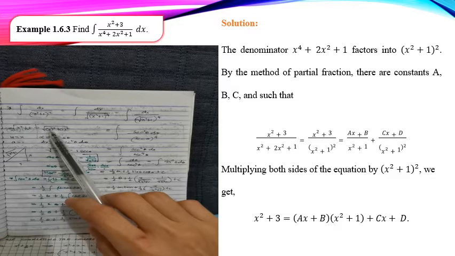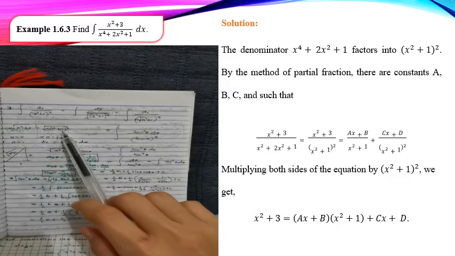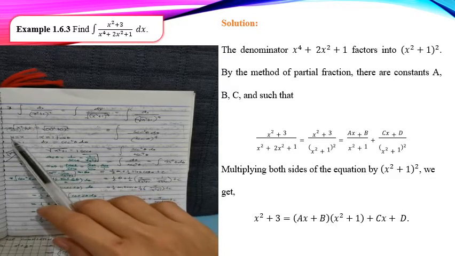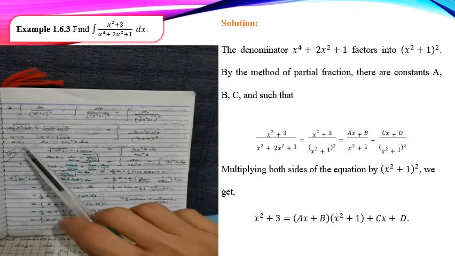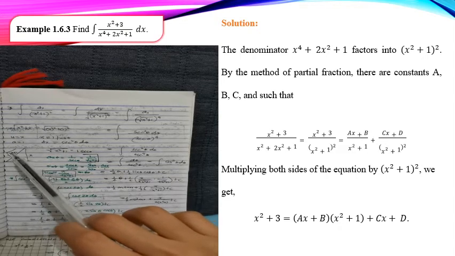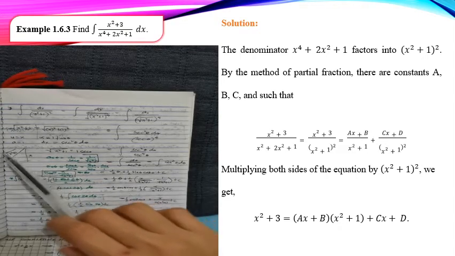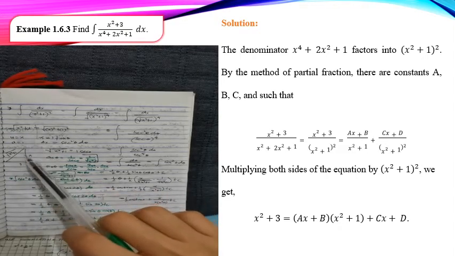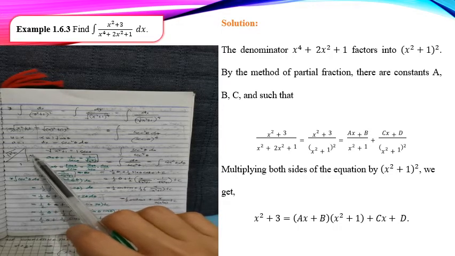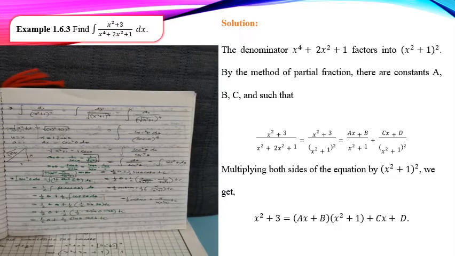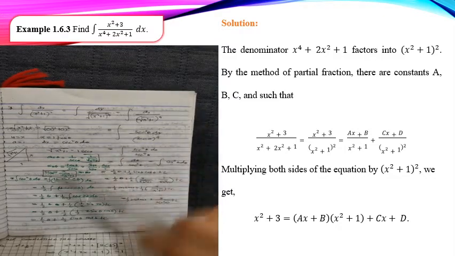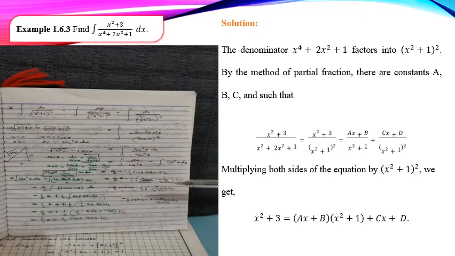So, x quantity squared is the same as x squared, and 1 quantity squared is just equal to 1. So, ang u natin dito is equal to x, ang a natin dito is equal to 1. So, nag-construct ako ng triangle. Since plus, dito natin ilalagay sa hypotenuse yung radical, and then si x is nasa opposite side. Then si constant is nasa adjacent side. Okay? So, kayo na yung bahalang mag-review dito sa trigonometric substitution.